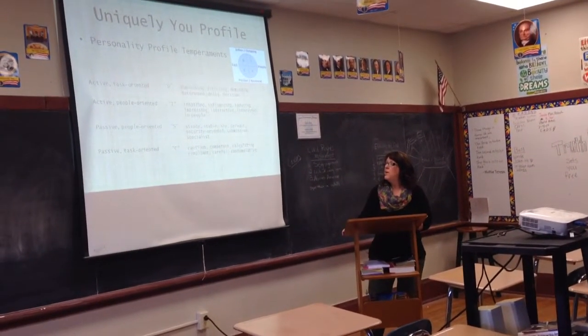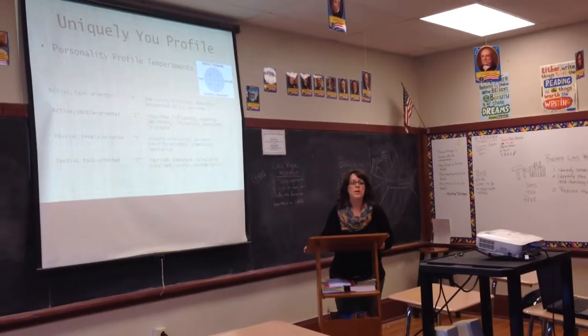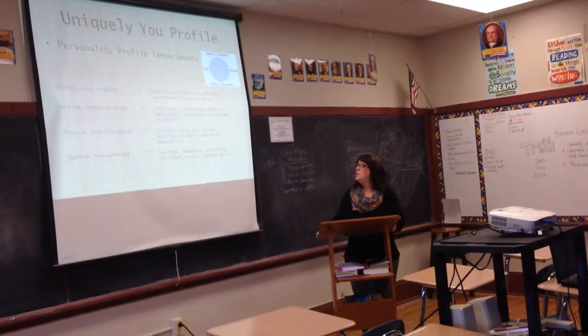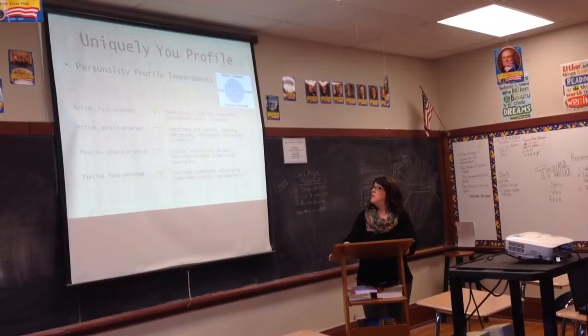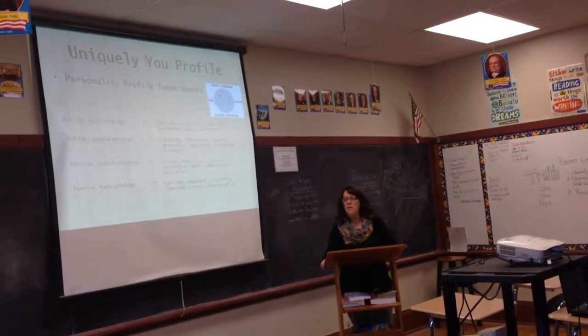People that have the I temperament are active and people-oriented, and words that would typically describe these people would be inspiring, influencing, inducing, impressing, interactive, interested in people. There's the S temperament.